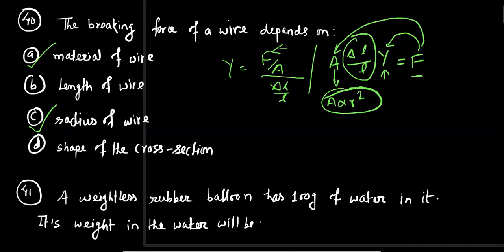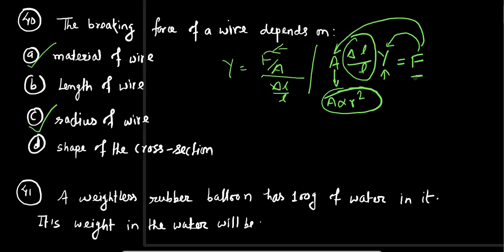So breaking force depends on gamma and area, and indirectly on the material and radius of the wire. This is the solution for question number 40.